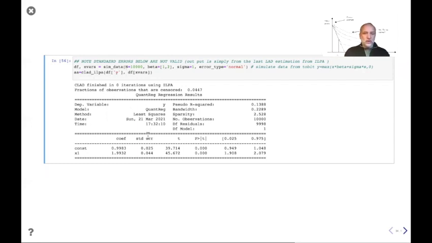So what is going on here? Our true values of the parameters are supposed to be 1 and 2. We have not a lot of censoring, only 5% of the sample, but we were able to estimate the parameters fairly close.